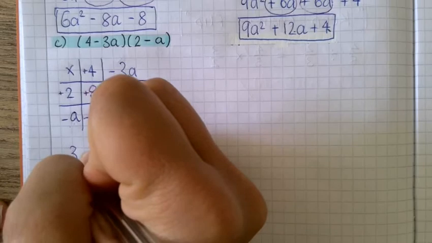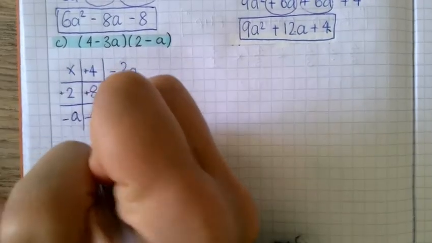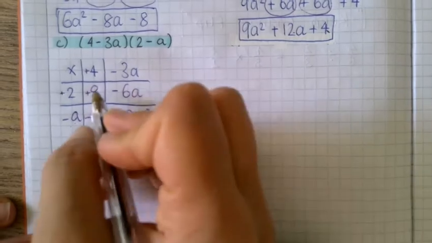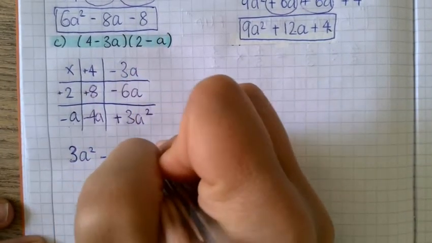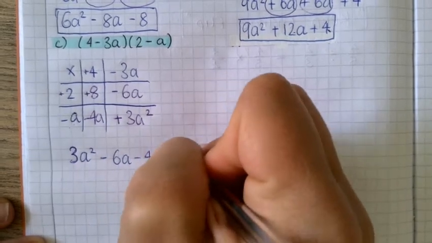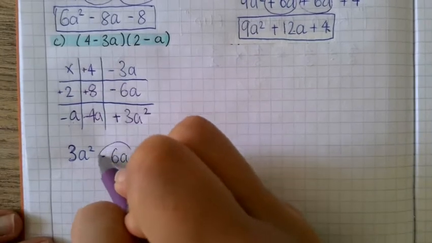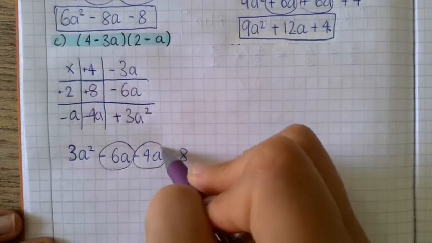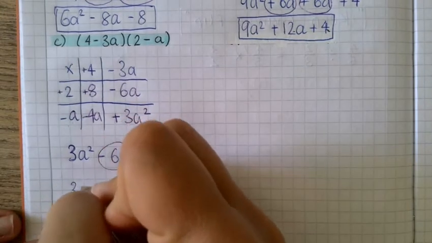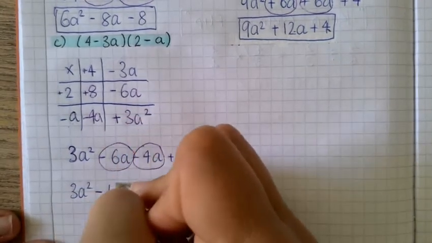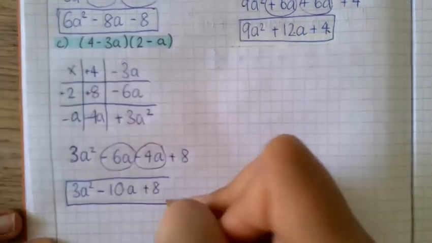So I've got my positive 3a squared. Then I'm going to leave the number till the end, remember? So negative 6a, negative 4a, and positive 8. And then my like terms are these two terms here. And that gives me 3a squared, subtract 10a plus 8. That's my final answer.